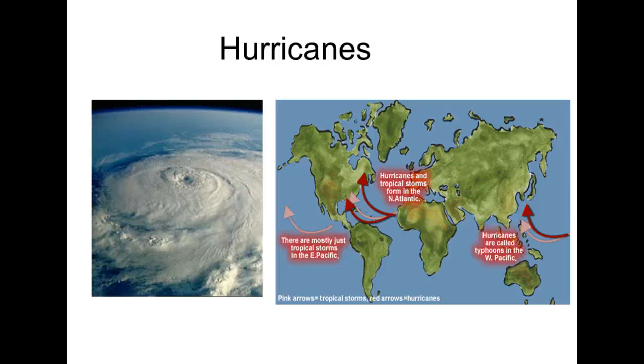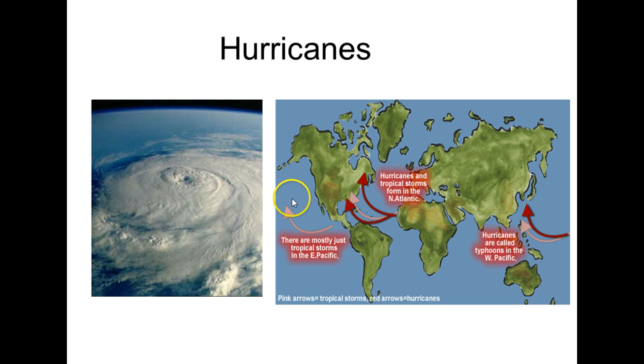Also write that in the western Pacific Ocean, hurricanes are called typhoons. You might think it's weird that this would be the western Pacific, but if we move this way far enough, we get here.